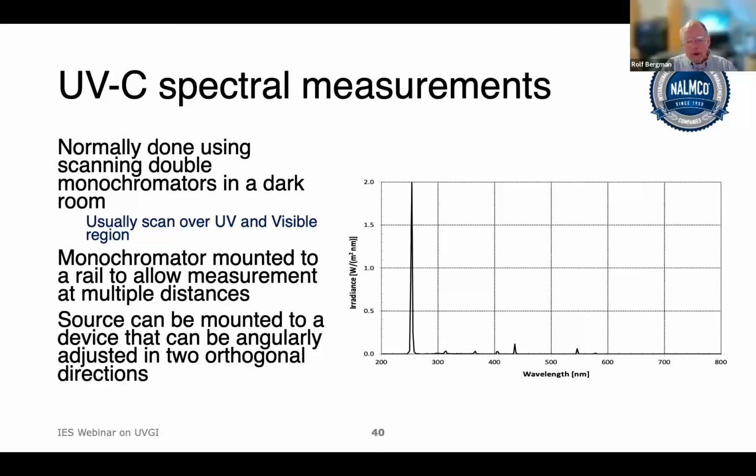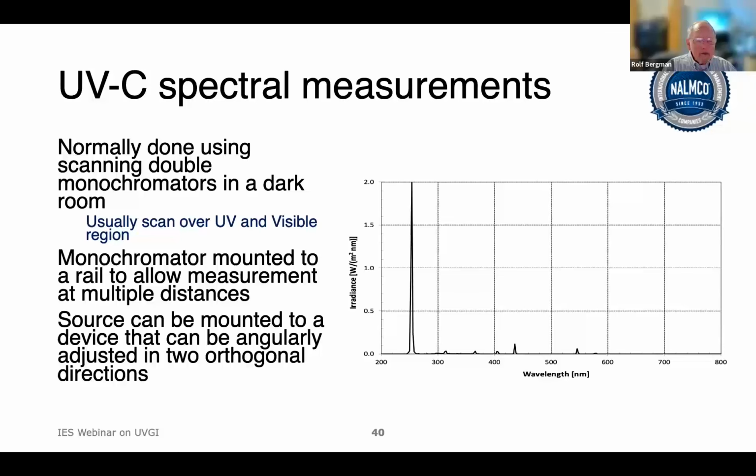I show an example here from 200 to 800 of a low pressure mercury lamp with the 254 radiation dominating, but you see that there are small blips of light. And this, by the way, is a picture from the lamp presentation.